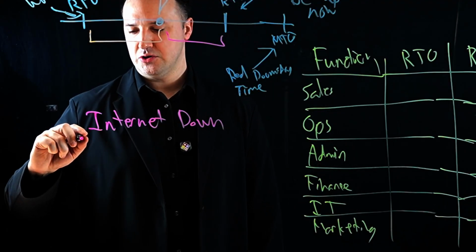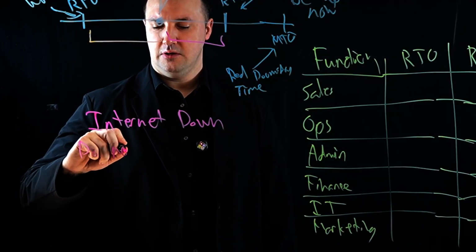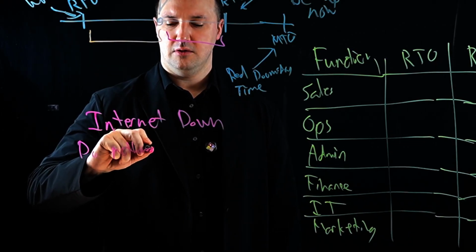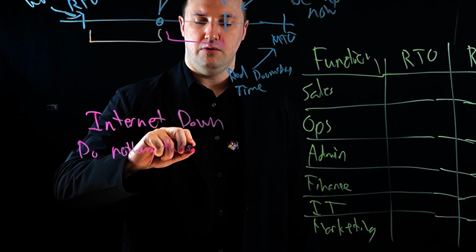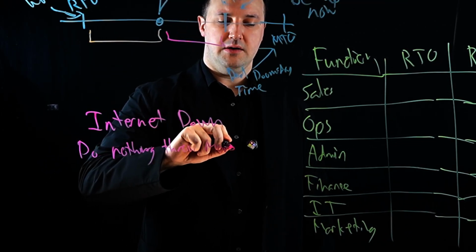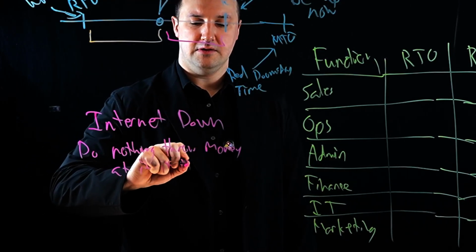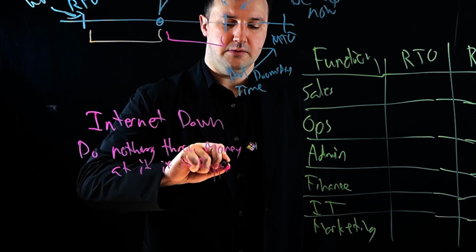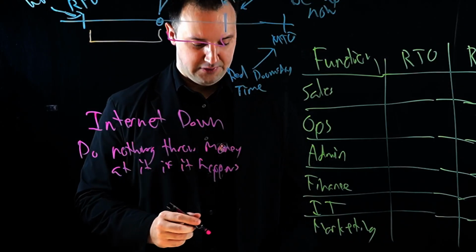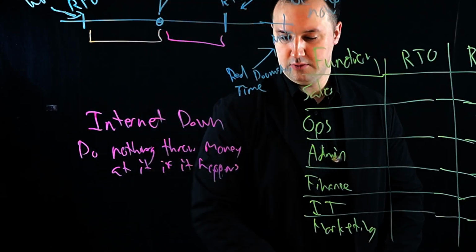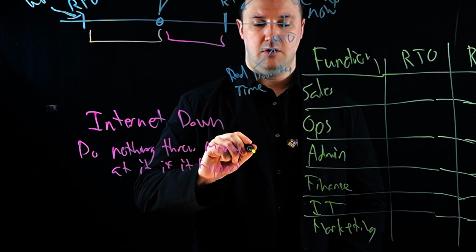So you could pretty much do nothing, throw money at it if it happens, on a 1 month timeline.